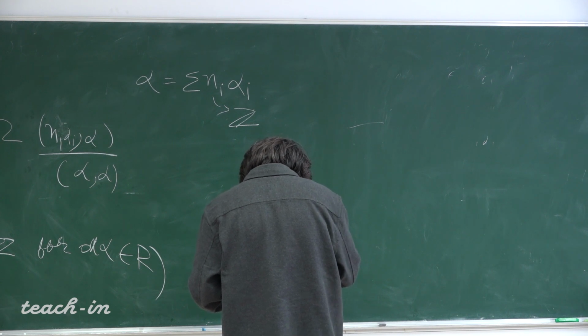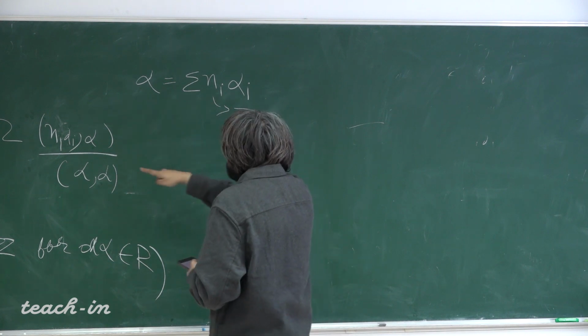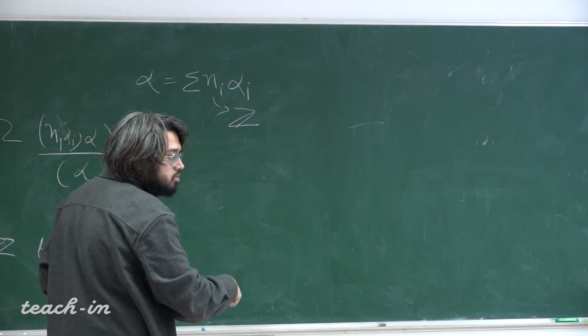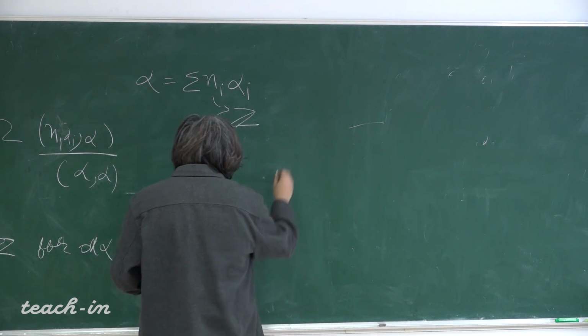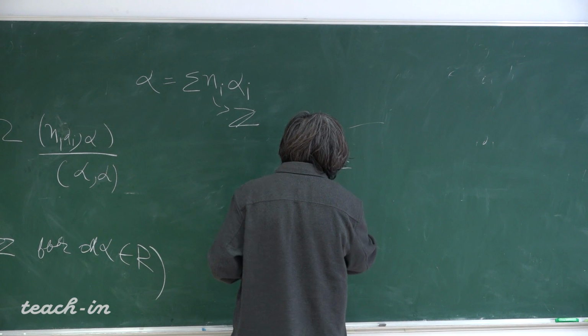So one of the properties is that something is an integer. This inner product has to be... oh yes, n alpha beta has to be an integer.